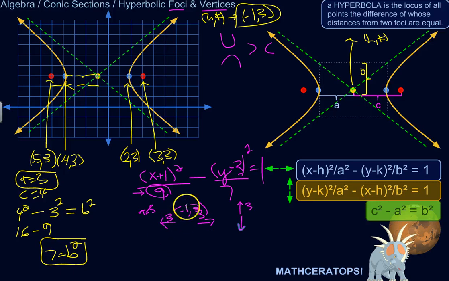So if we go 3 units to the left of the center, it would be negative 1, negative 2, negative 3, negative 4, so negative 4, 3. It's aligned with the y coordinate. So that's a vertex. The other vertex will be negative 1, 0, 1, 2.